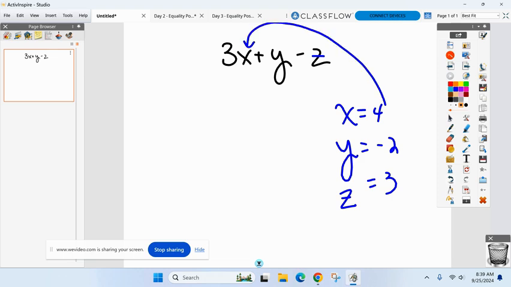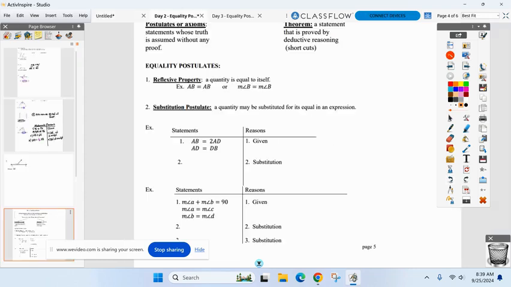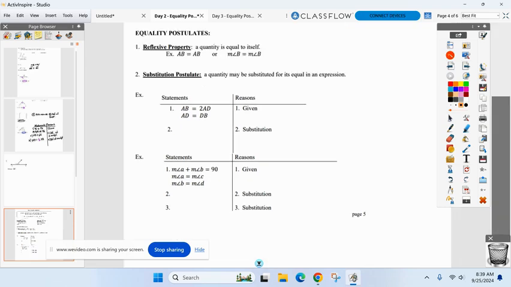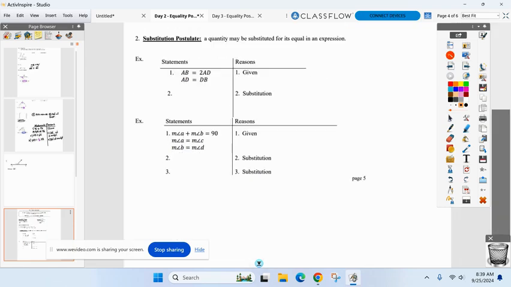What are you going to do with -2? And what are you going to do with 3? It's called substitution, right? That's what you did for algebra. Well, guess what? We can also do it for geometry. We could substitute in anything that's equal to each other, like you did for algebra in that last problem. So take a look at my first example here. I'll show you how we can do it in geometry using substitution.